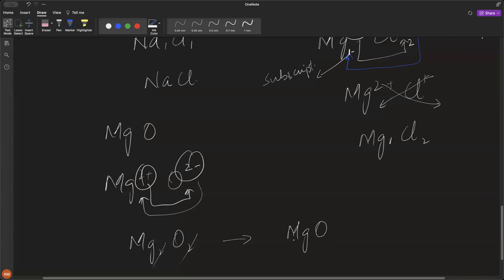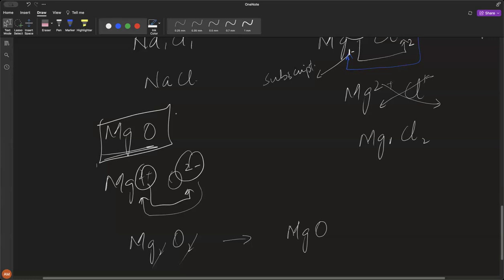How do we know whether this is an ionic compound, Alishbag? How do we get to know this is an ionic compound? Yes, Hadia.